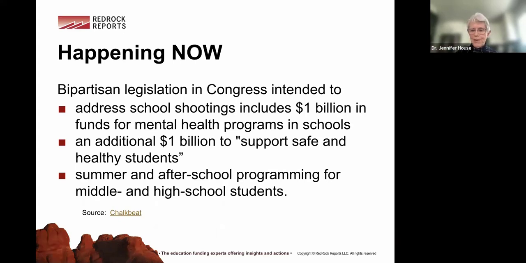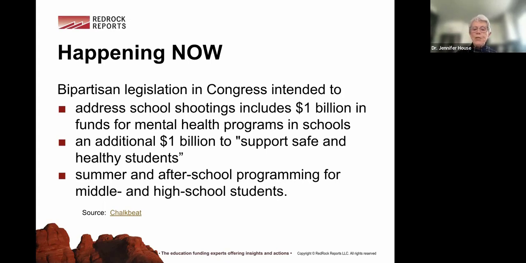Now, not all of you are dealing with that. 1 billion in funds for mental health programs in schools. So it's not just the schools that have had the shootings. It's really to provide mental health for all students, so we don't have the school shootings, right?